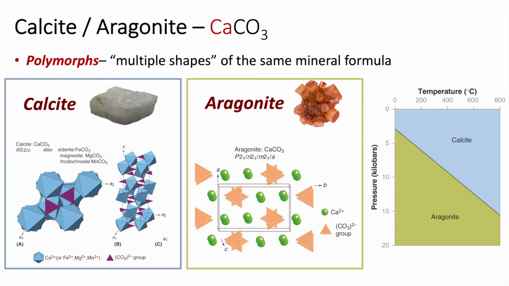You have to get to these slightly more exotic high pressure conditions before your elements are going to prefer to crystallize to form aragonite rather than calcite. Of course, that means if you do find aragonite in a mineral, it's telling you something interesting about the formation of that rock.